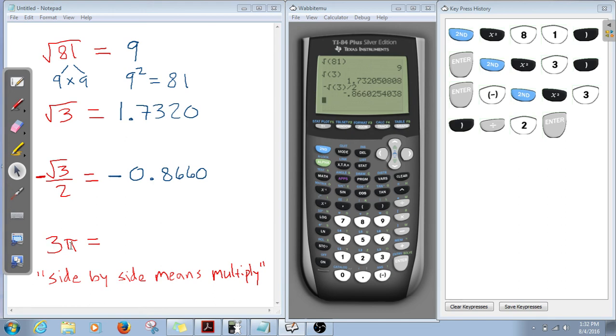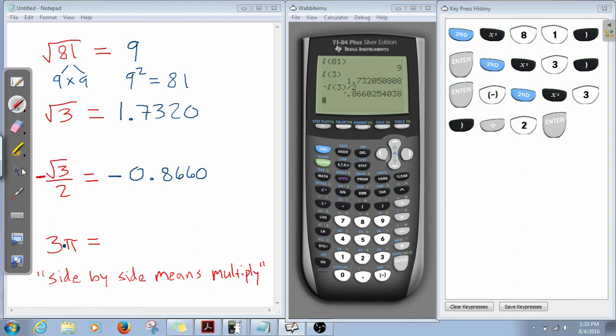If you don't see a plus or a minus or a multiply sign or a divide sign, this little trick is going to remind us, this little rhyme: side by side means multiply.